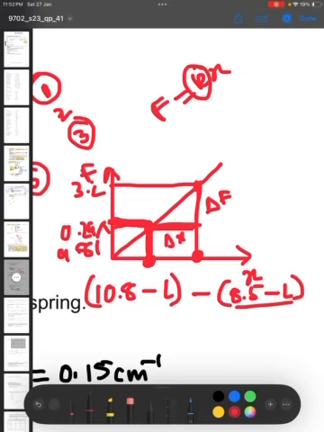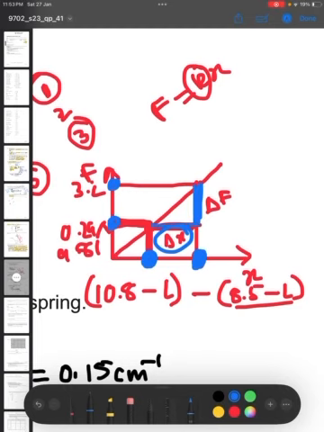I'm subtracting the two extensions, because the extension at this particular instance is 10.8 minus L, and the extension at this particular instance is 8.5 minus L. Subtracting these two extensions gives me the delta x which I want, right? And subtracting 3.2 and 0.29 times 9.81 gives me the delta F which I want.